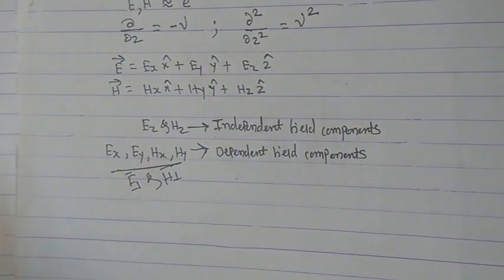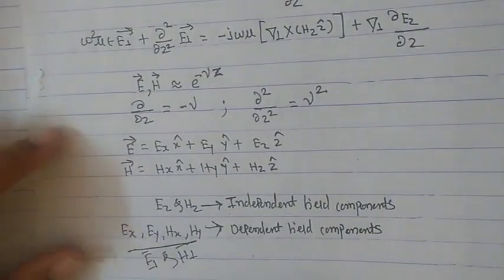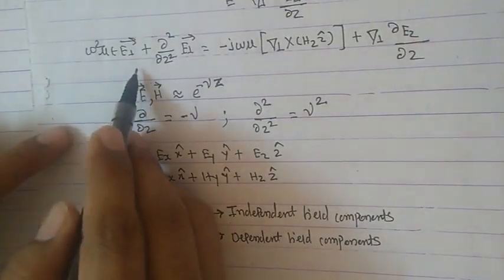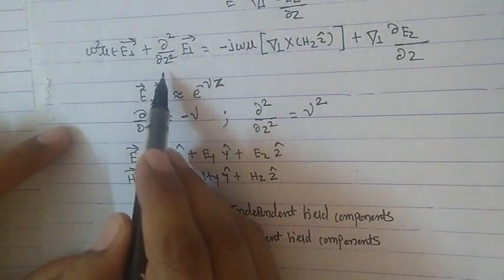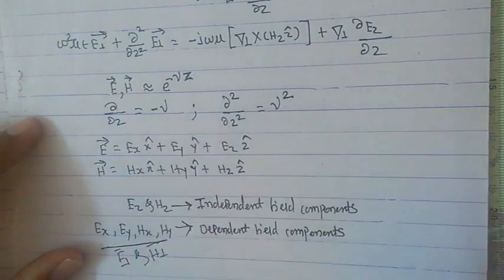Okay. So now we have to write this. We will rewrite this equation, which is omega square mu epsilon E transverse, and replace del square by gamma square, and del by del z by minus gamma.